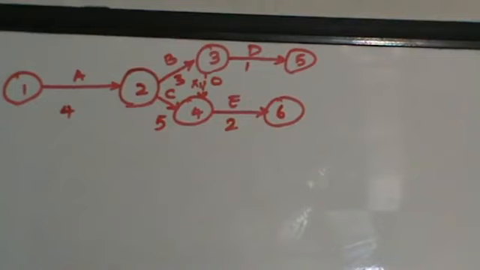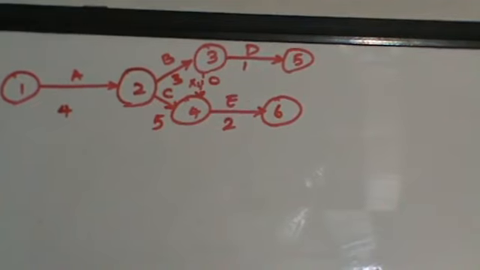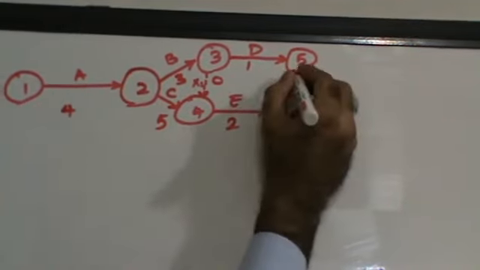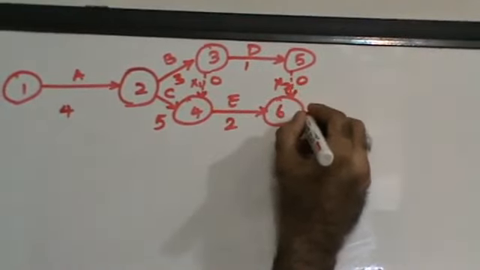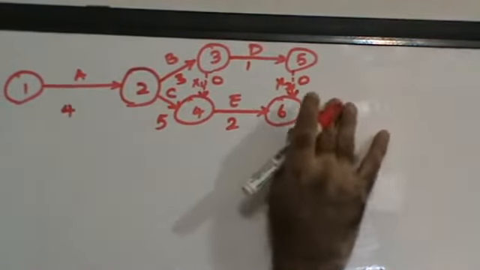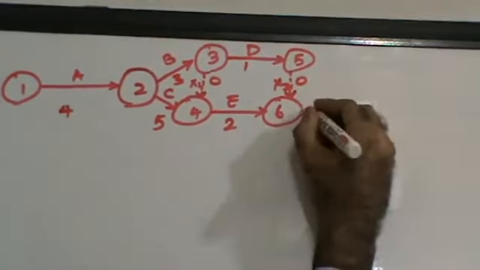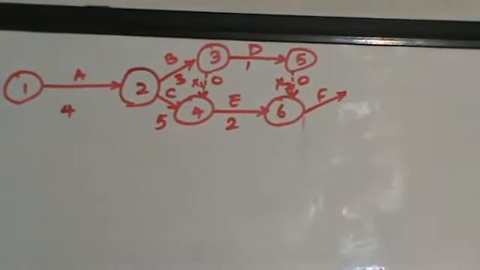Now D and E combine to give you F, so I need another dummy here, X2, which is 0, combined to give you F, which is 2 days.